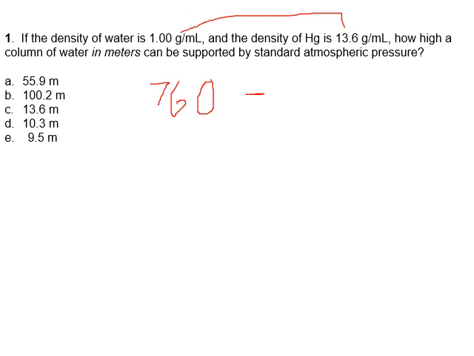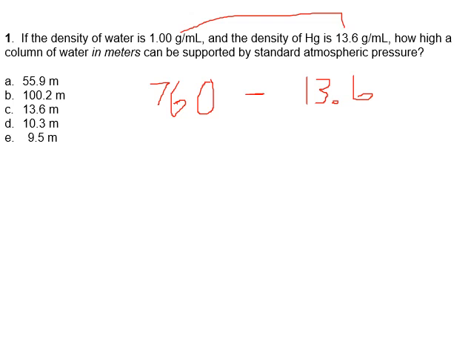If mercury is 13.6 times as dense as water, then we would have to multiply this 760 by 13.6. I'll just do that in my head to give you a ballpark estimate, and then we'll look at the answer. So it would be 7,600, and then about 2,000 more.